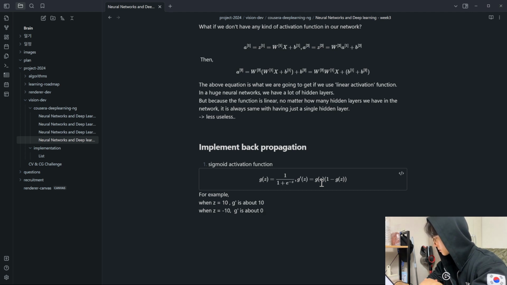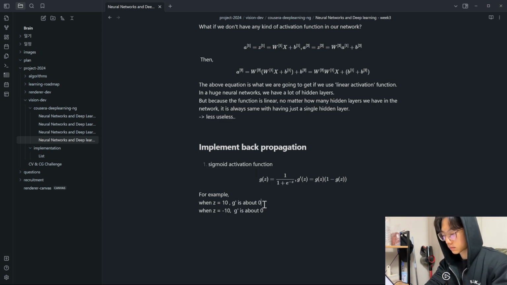The advantage of this formula is that if you've already computed the value for a, then by using this expression, you can very quickly compute the value for the slope g prime. All right, so that was the sigmoid activation function.